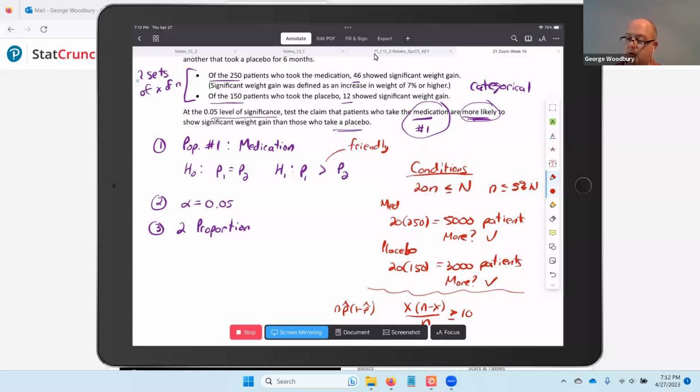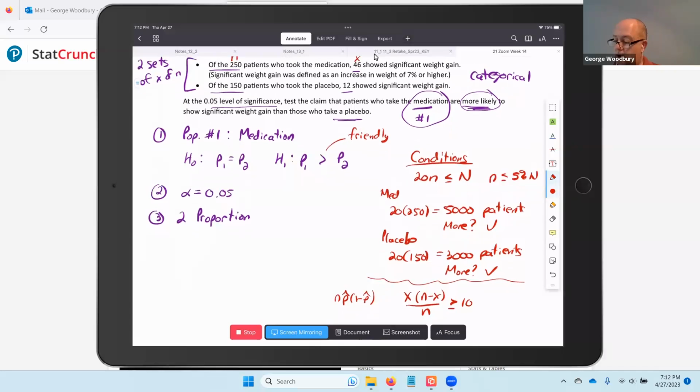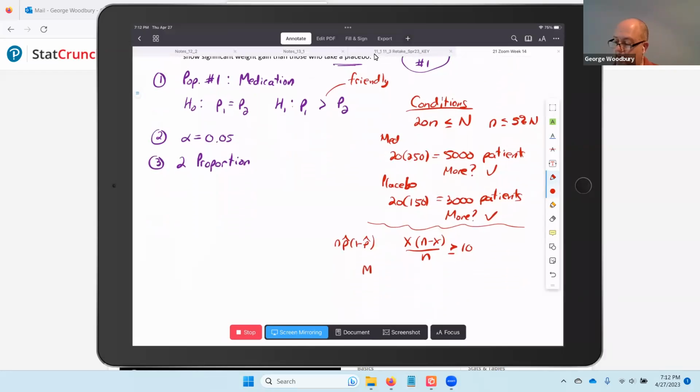In the first sample, X is 46 out of N equals 250. So the way that I write this is I put the 46 on top, I put the 250 on the bottom, and then I just need to figure out what is 250 minus 46. And that is 204.